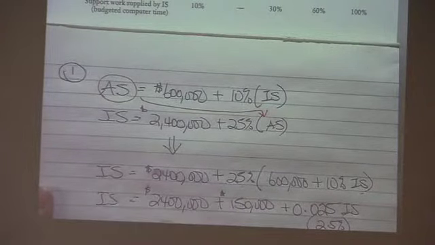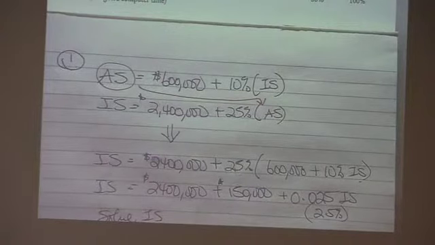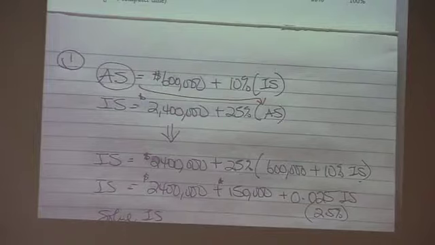Now solve for IS. That will give us IS equals 2,615,385. So if we just solve for the IS, that's what we get.